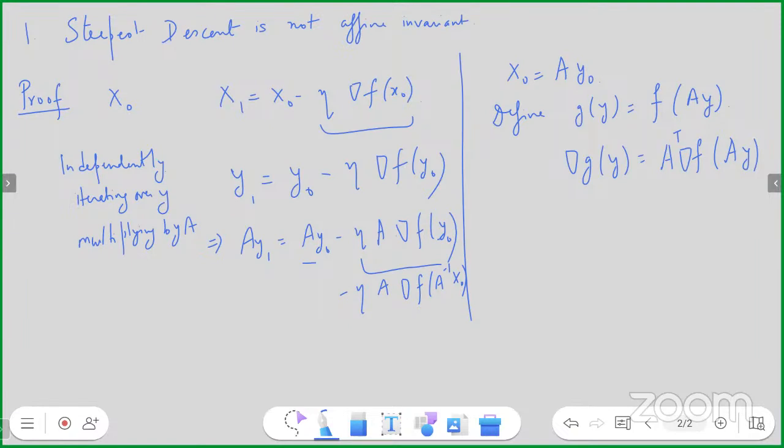Why are you going back to g? What is the gradient of A inverse x0? It's A inverse times gradient of A inverse x0, so that extra A inverse is going to create trouble for you. So A inverse cancels.